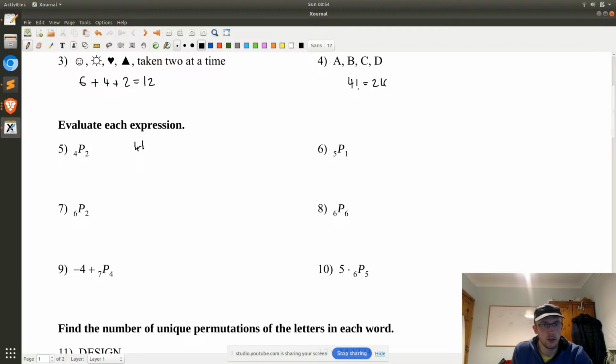I know that it's 4 factorial over 4 minus 2 factorial. That's 24 divided by 2, and that is 12.